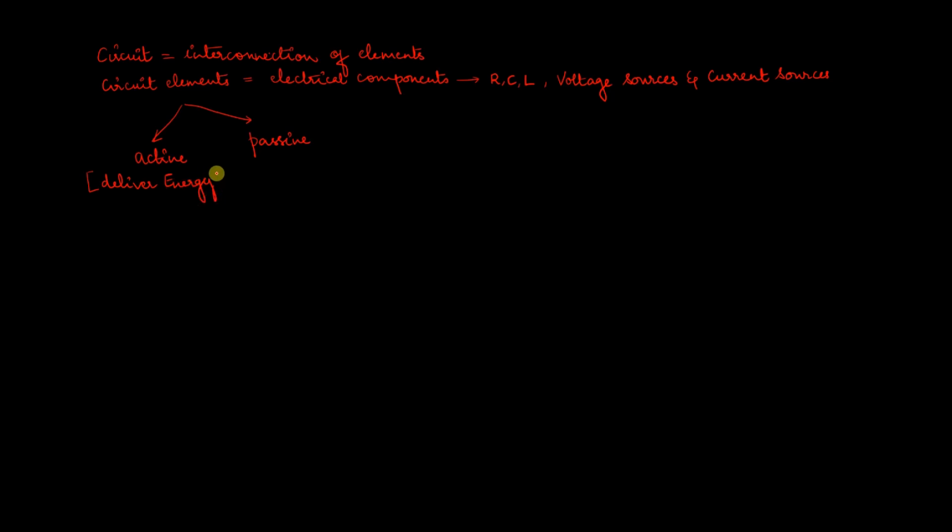So these basically deliver the energy, while the passive elements are the ones which are capable of only receiving the energy or the power. So these will only receive energy or power.